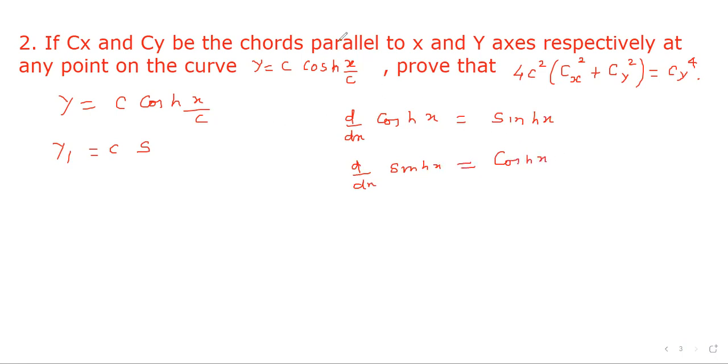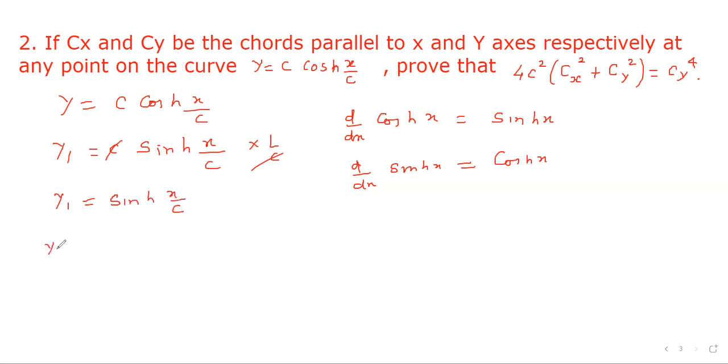The derivative of x upon c is 1 upon c, whereby the c's will cancel out. So we have got y1 as sine hyperbolic x upon c.